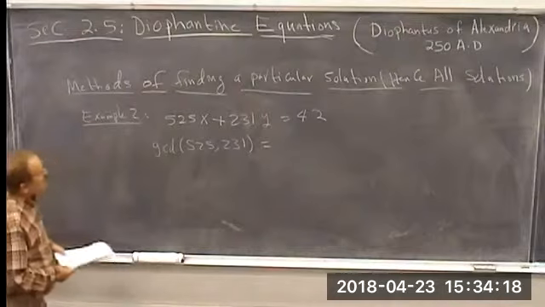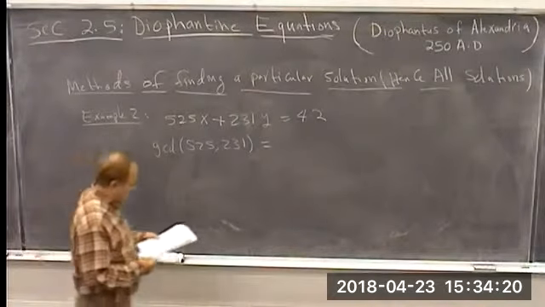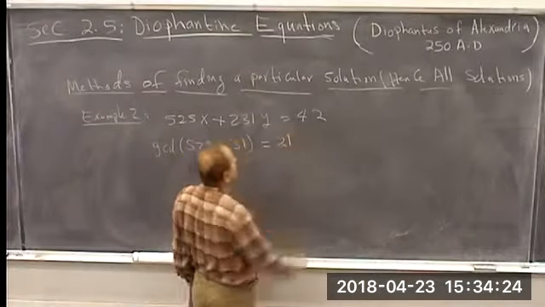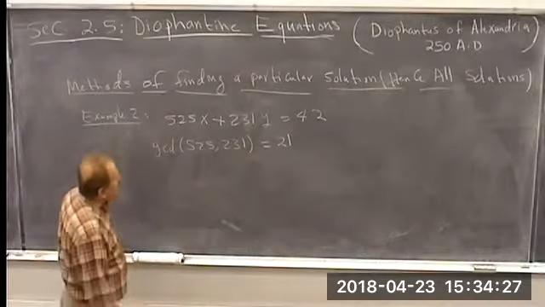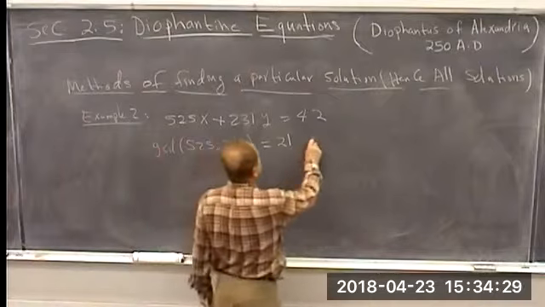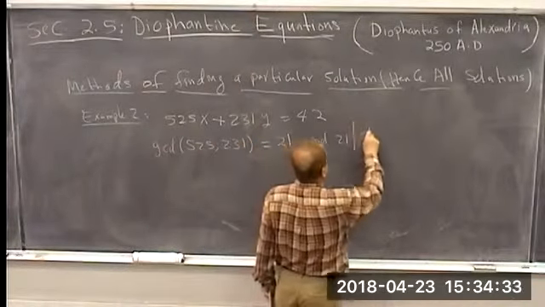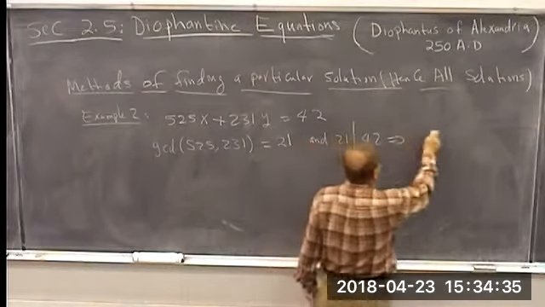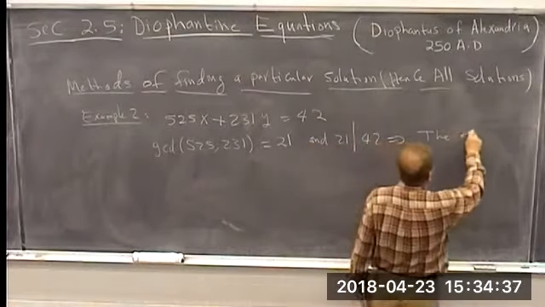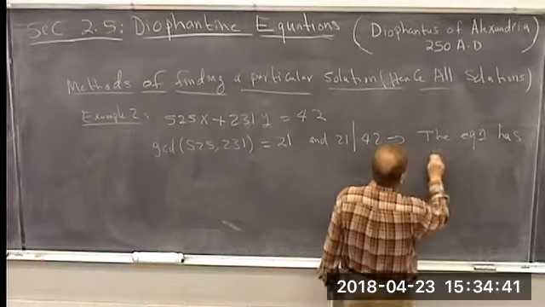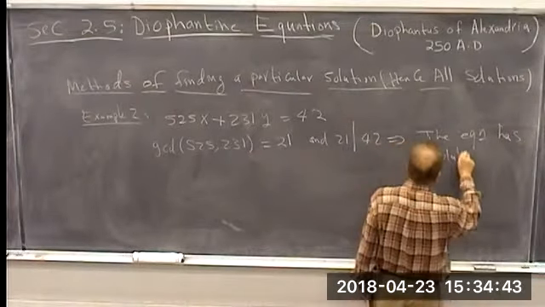This happens to be equal to 21, which you can find by the Euclidean algorithm, and 21 divides 42. So this implies the equation has a solution, and again, infinitely many.